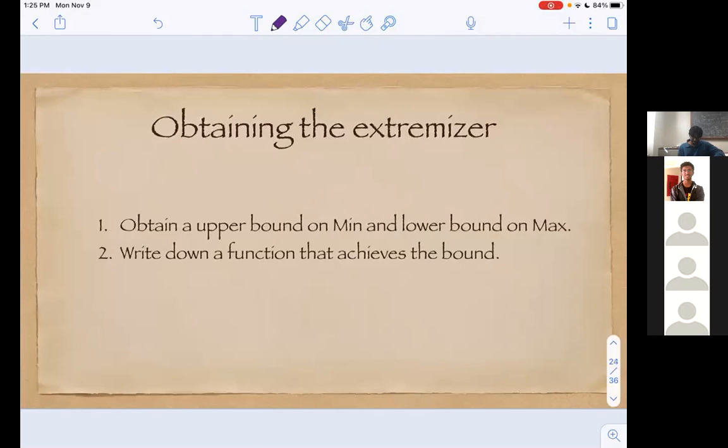To solve this problem, we want to do it in two steps. First we want to obtain an upper bound on the minimum and a lower bound on the maximum. Once we put an upper bound on the minimum and a lower bound on the maximum, we can write down a function phi plus and phi minus which actually achieves this bound.